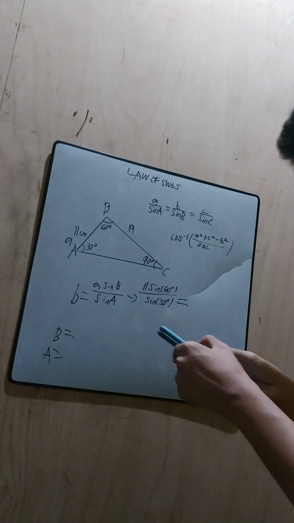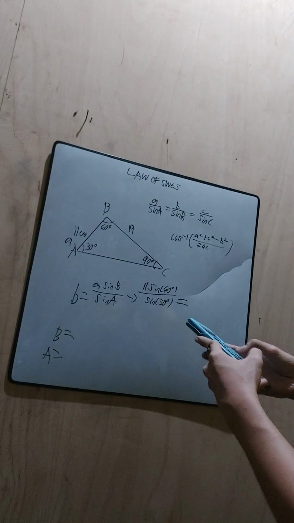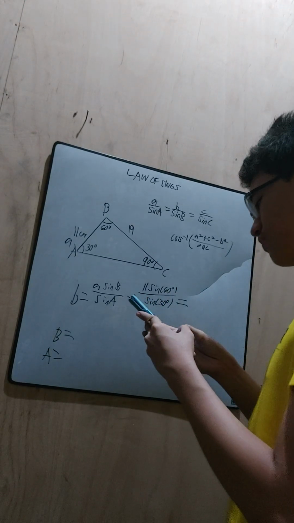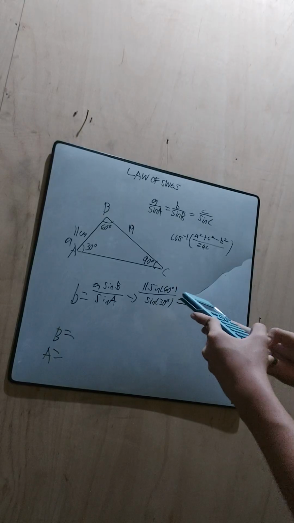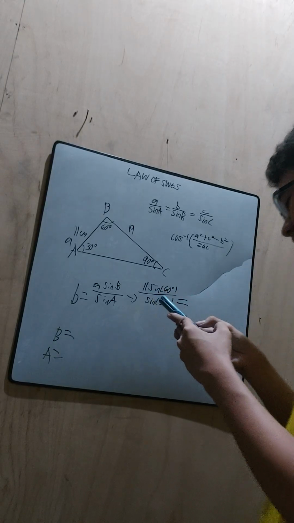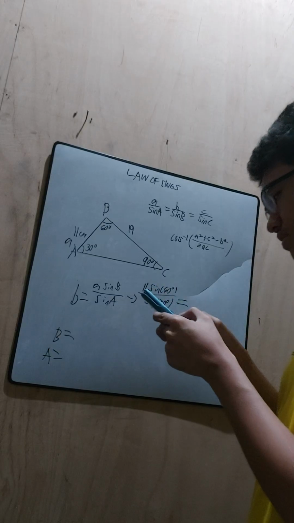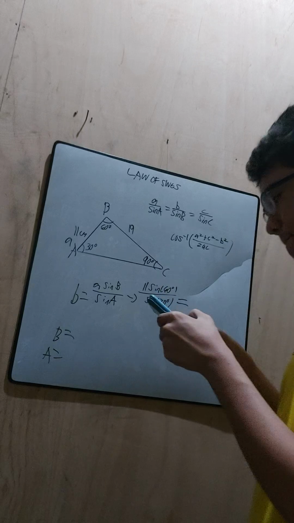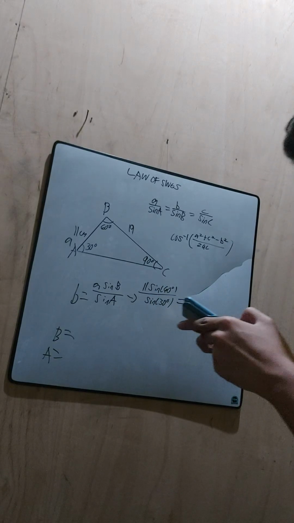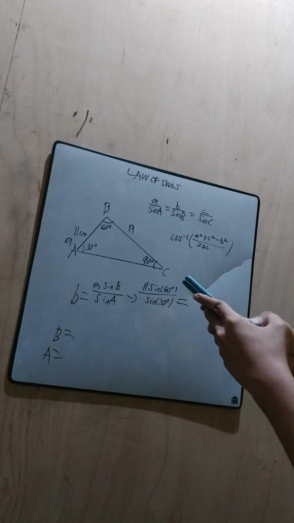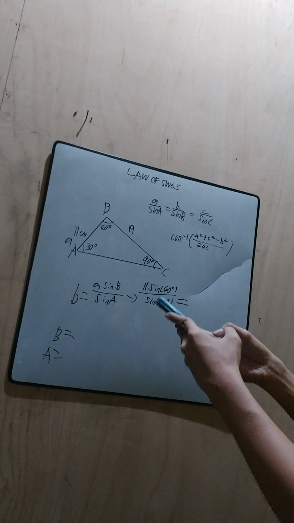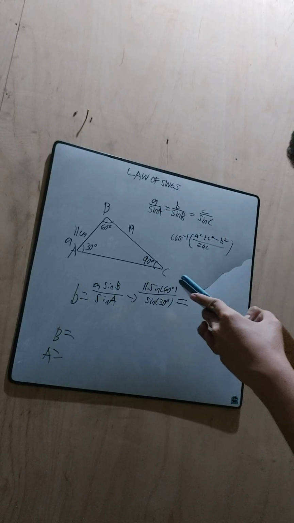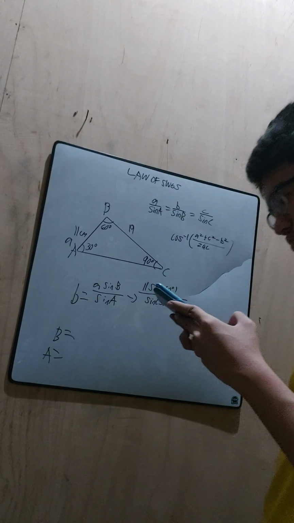Okay. So cosine of 11 squared plus square root of 482 squared minus 19 squared, over 2 multiplied by 11 and square root of 482.